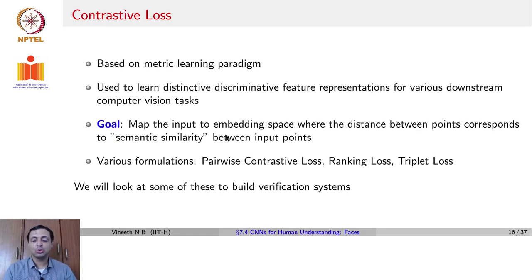Euclidean distance could do it, but if we could learn a distance that does this more effectively, that would be more useful, and that's what most of these methods try to do. There have been various formulations such as pairwise contrastive loss, ranking loss, triplet loss, and so on and so forth. We will see some of these over the rest of this lecture.